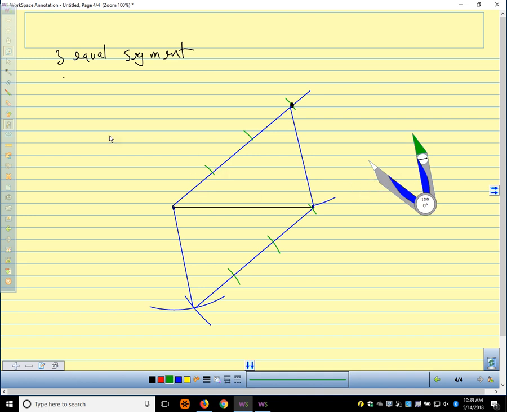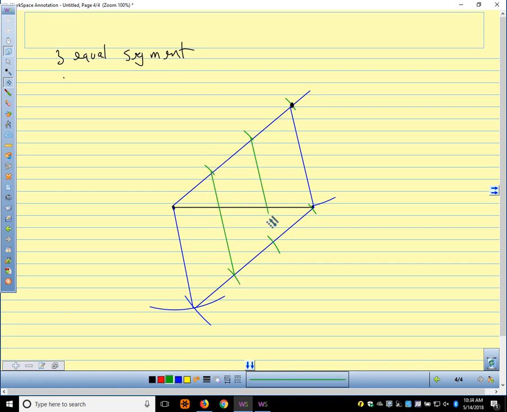And now I just connect the green lines on either side. Because these are the same distance apart, these are all congruent. So I've divided the line into 3 equal pieces. I could do 5, I could do 7, I could do as many as I wanted, just by changing the number of marks on that line.